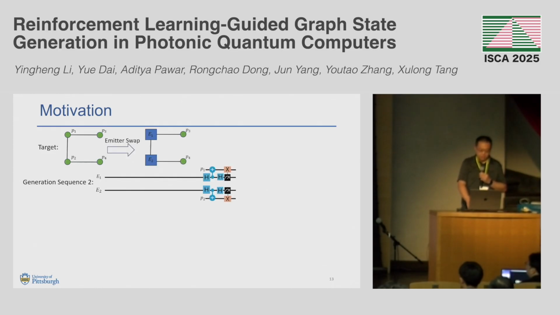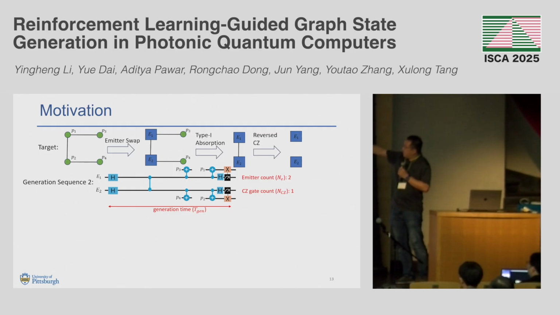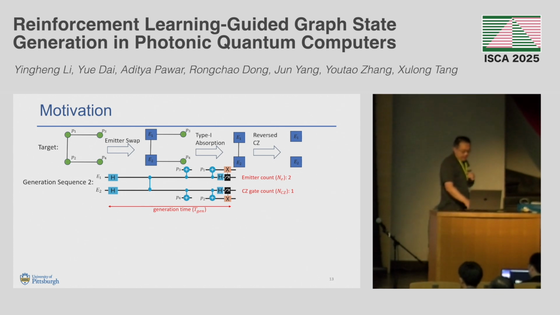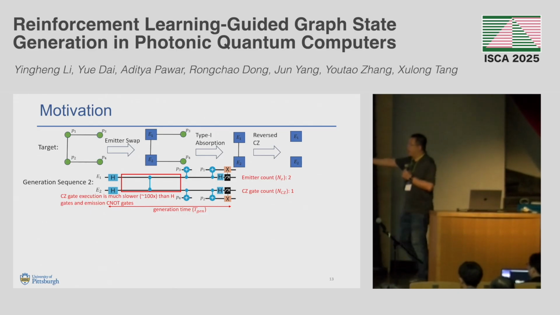It basically uses this order to apply all this information. This ends up with a generation time, a number of emitters, and a number of CD gates. And why is this long? Because physically applying the CD gate takes much more time compared to other operations.